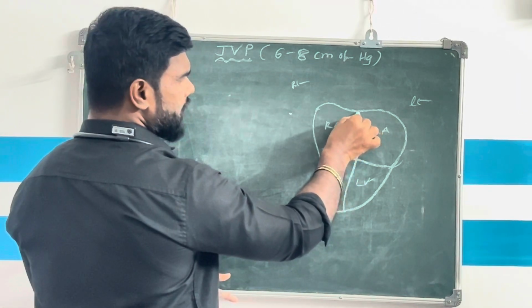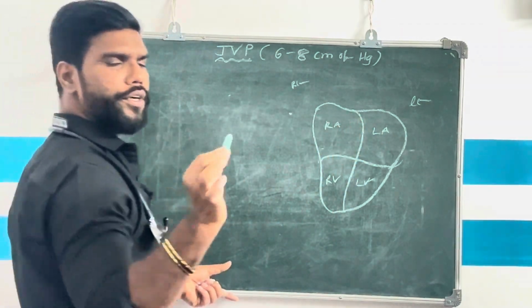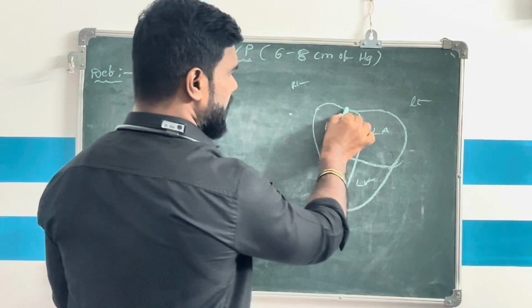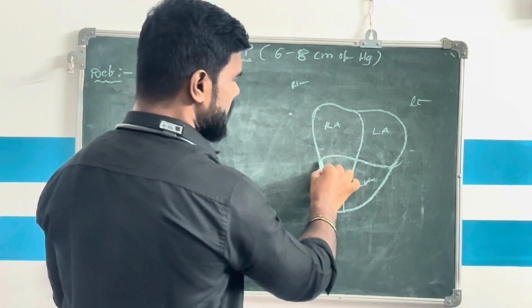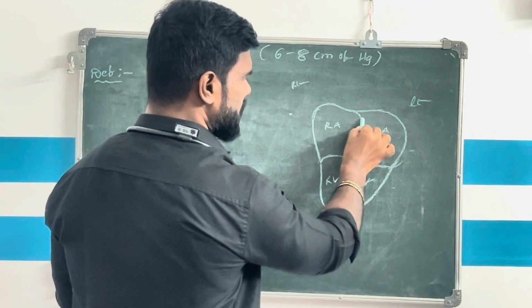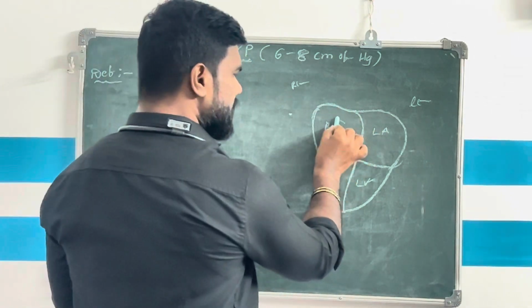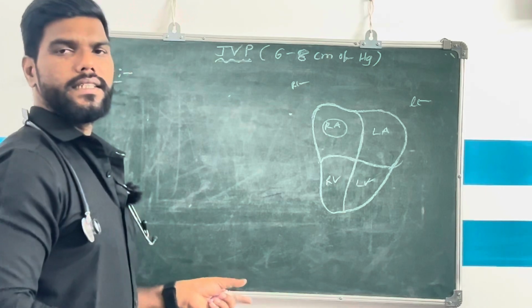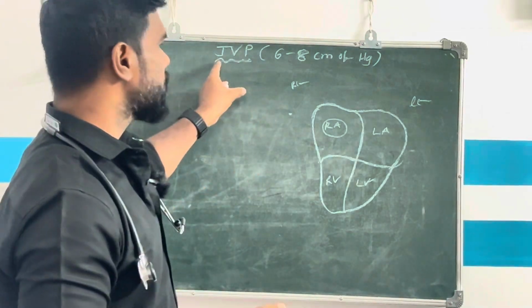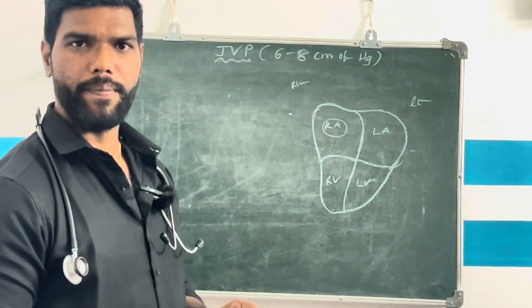In jugular venous pressure we are only going to discuss the right atria. Just concentrate on this one chamber only. The pressure in the right atria is indicated by the jugular venous pressure.